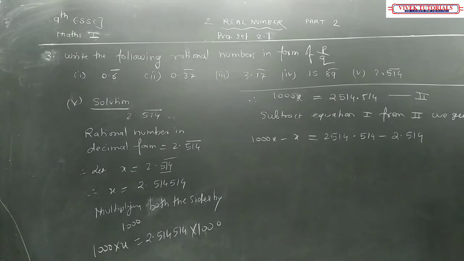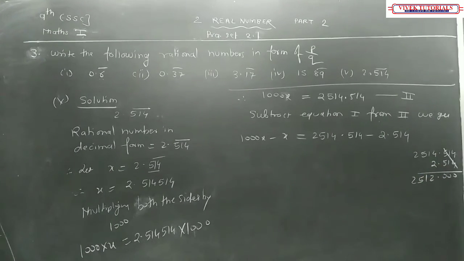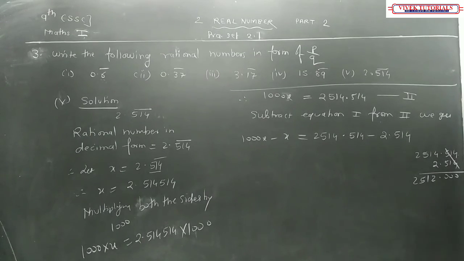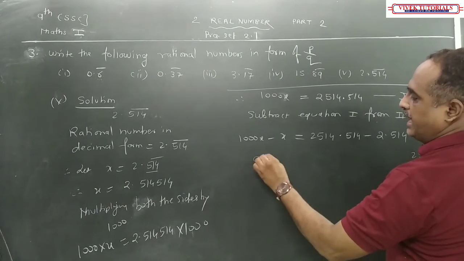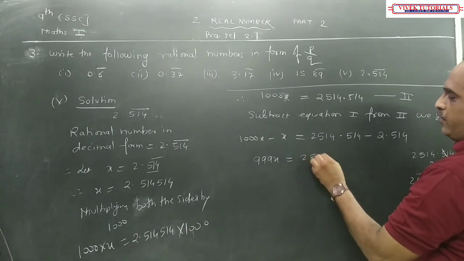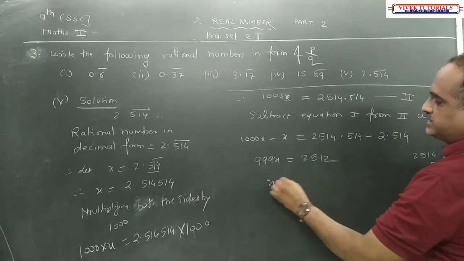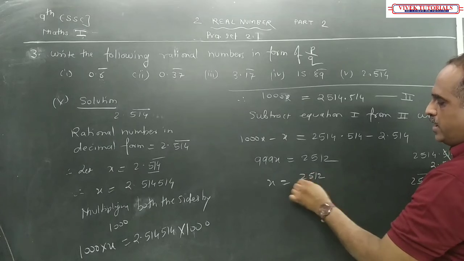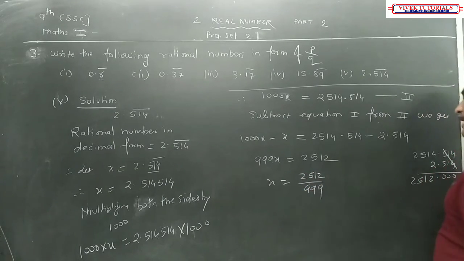You can do it separately also. 2514.514 minus 2.514. This goes away completely. This becomes 2512. This will become 999x is equal to 2512. So x is equal to 2512 upon 999.